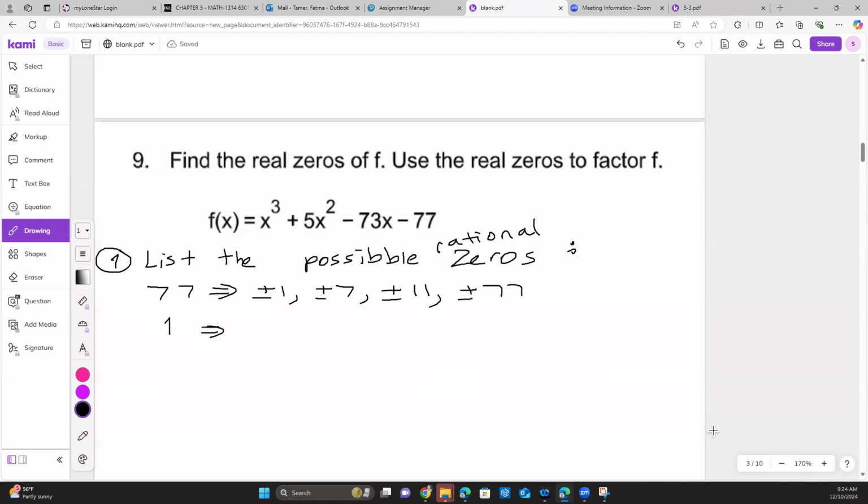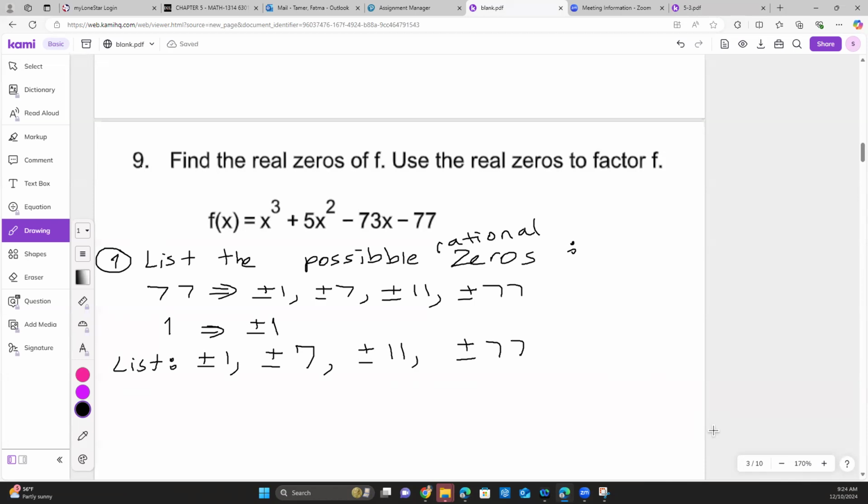So the number in front of x cubed is just 1, and its factors are plus and minus 1. So all these numbers will be divided by 1, which means the possible rational zeros can be positive 1 or negative 1, positive 7 or negative 7, positive 11 or negative 11, positive 77 or negative 77.